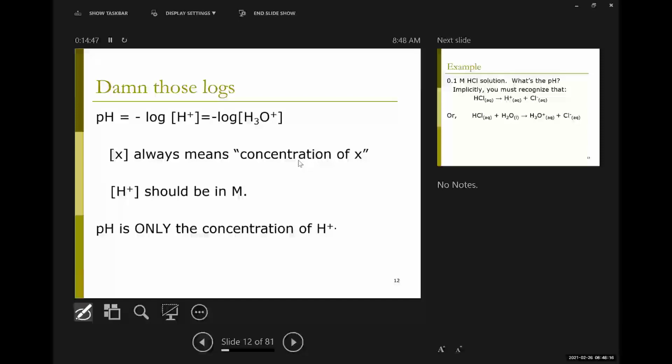right, which were donated to the water, right? And so the pH is either the negative log of the H plus, which is really a somewhat fictional species in an aqueous solution because the H plus is really stuck to a water. And so by definition, really the pH is the negative log of hydronium, which is my donated proton from the acid to water, right?